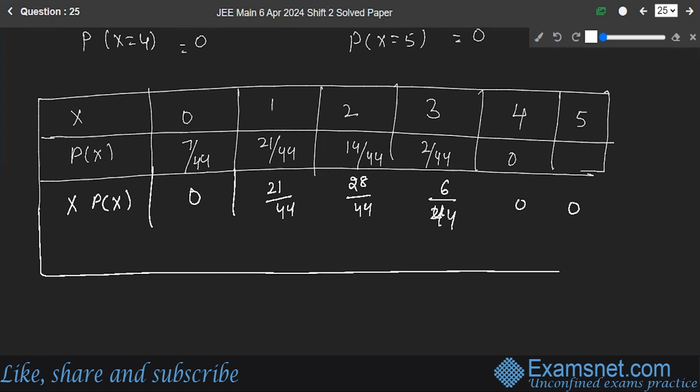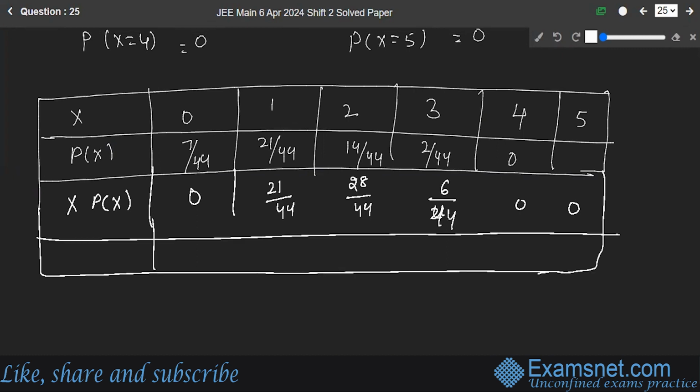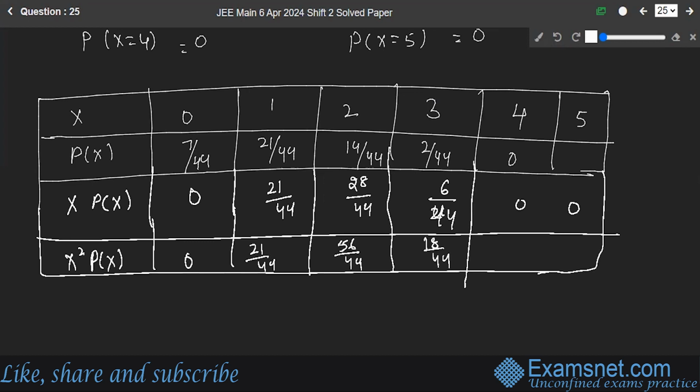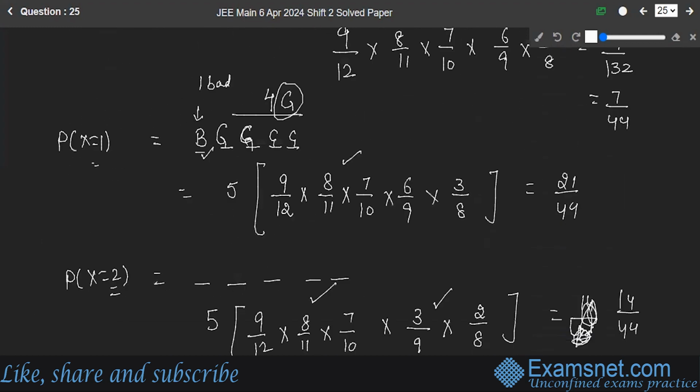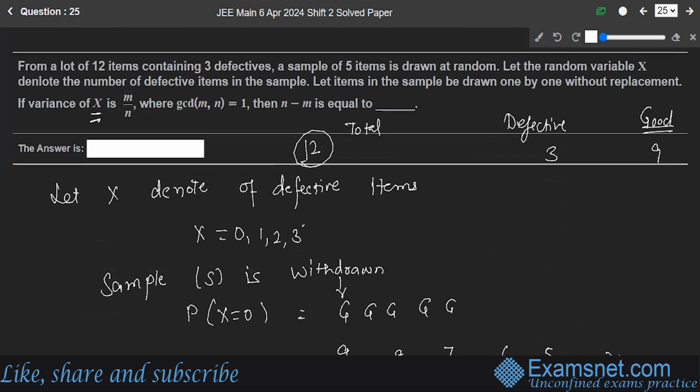And x square into P(x) will give you a 0 for sure, then 21 by 44, this will give me 56 upon 44 and this will give me 18 upon 44, 0 and 0.